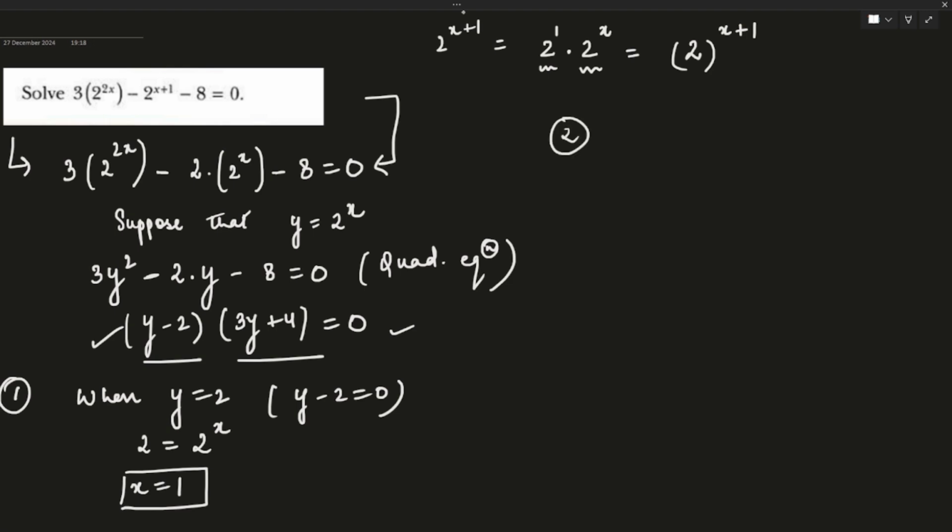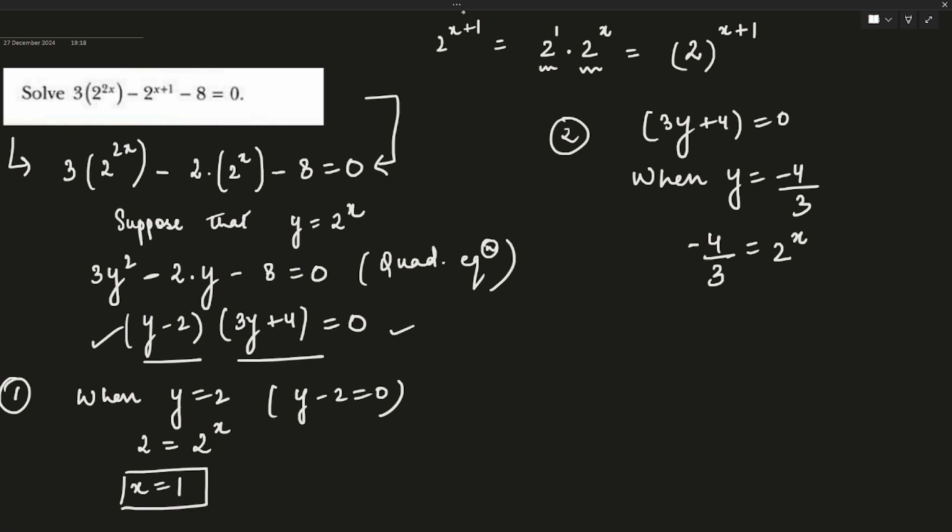Now the second case, when 3y plus 4 is equal to 0, so y is equal to minus 4 by 3. Let's find the value of x for y equal to minus 4 by 3. Here there are no solutions, because 2 raised to the power of any number is always positive.